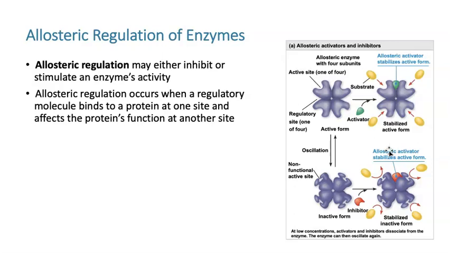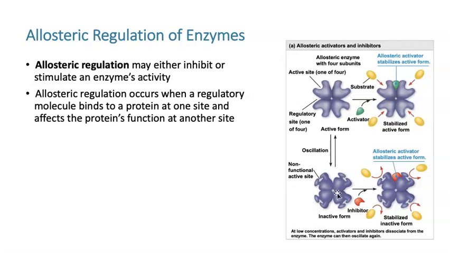Now, the allosteric enzyme with its 4 units, that can go back and forth between the active form and the inactive form. And with the inactive form, notice those active sites, they're not functional. They're the wrong shape.